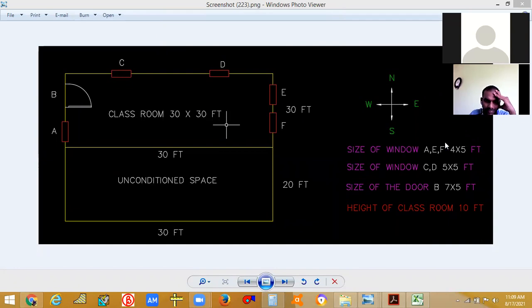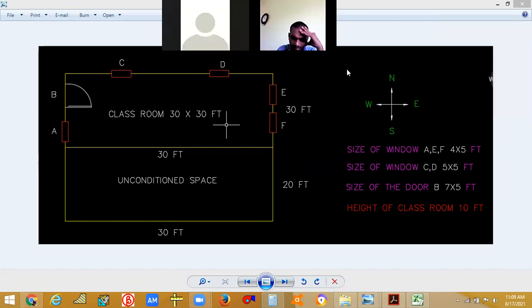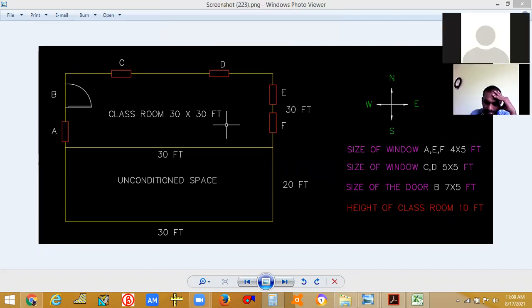So what is the answer? What is the total area of the window? Only Binas has answered. What about others? Yes, Kirti.